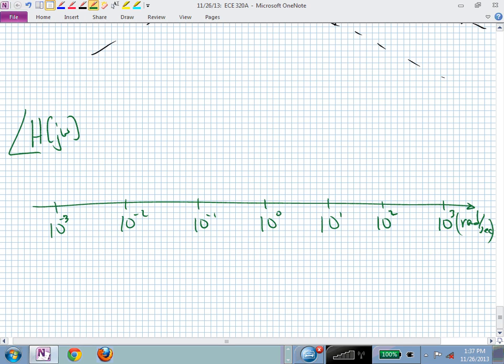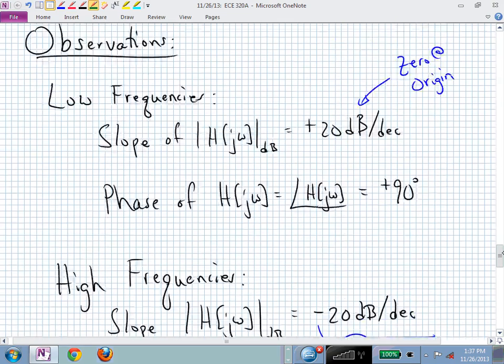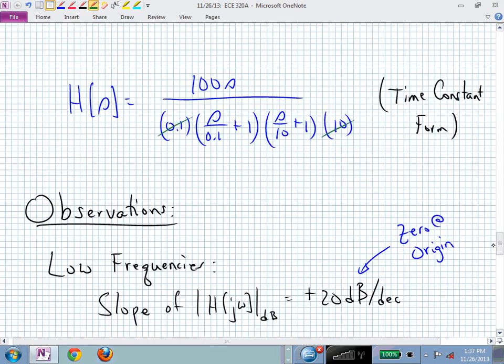Where am I starting my phase? It's going to start based on that 0 at the origin, and that 0 gives me 90 degrees.